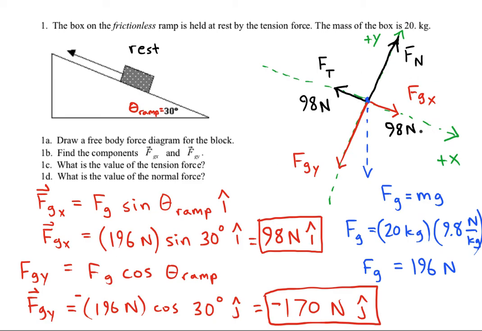But just keep in mind that this one would be in the positive i direction and this one would be in the negative i direction. When it comes to the Fgy, we had seen that Fgy would be negative 170 newtons in the j direction. So Fn must be 170 newtons in the positive j direction. Now we have equilibrium.